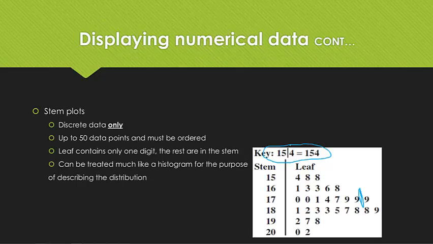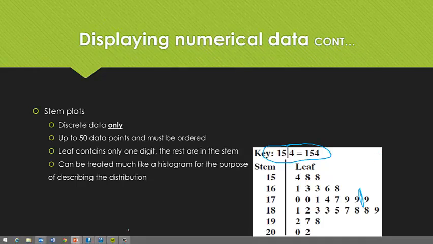Without the key telling us that 15|4 equals 154, it could mean 15.4, it could mean 1.54, it could mean 15,400. So it is important to always put a key if you're constructing a stem plot.